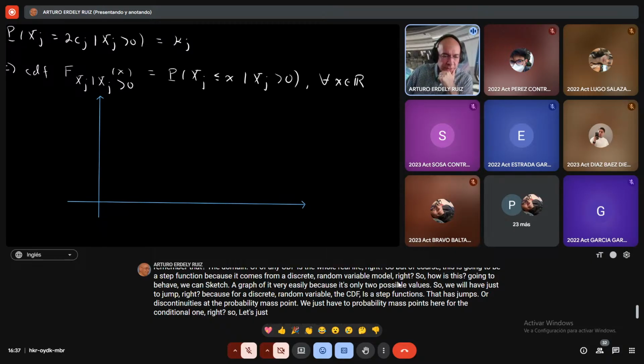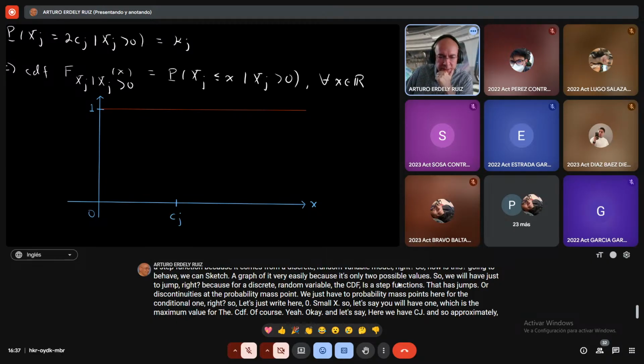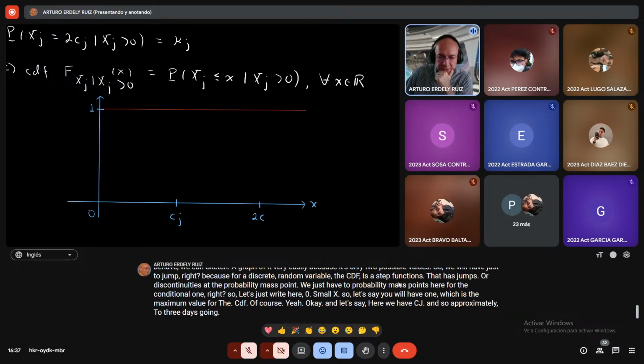So let's just write here 0, small x. Let's say here we have 1, which is the maximum value for a CDF, of course. And let's say here we have CJ, and approximately 2 CJ is going to be here.